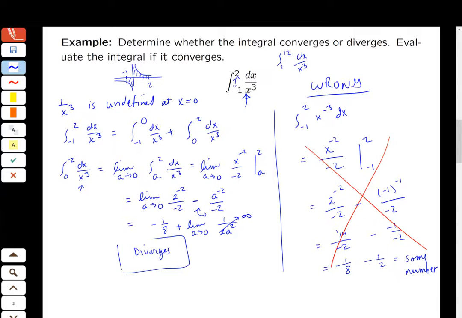It's negative one, the negative one power. That's still negative one.